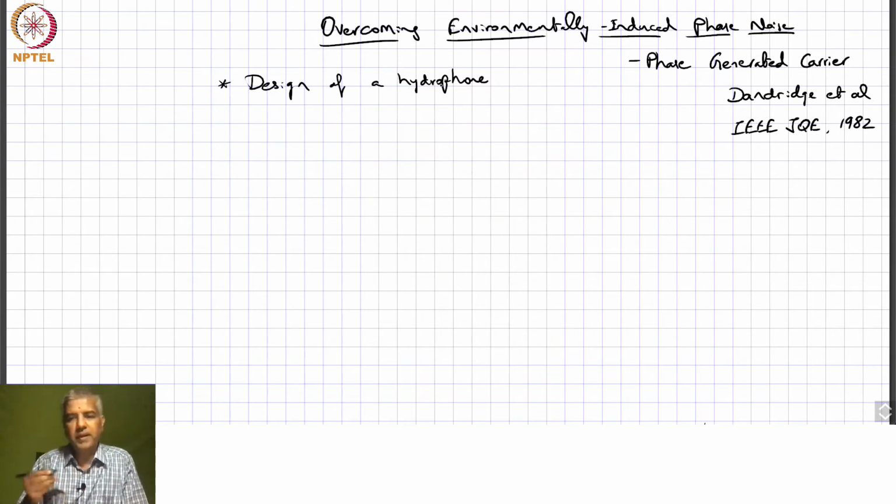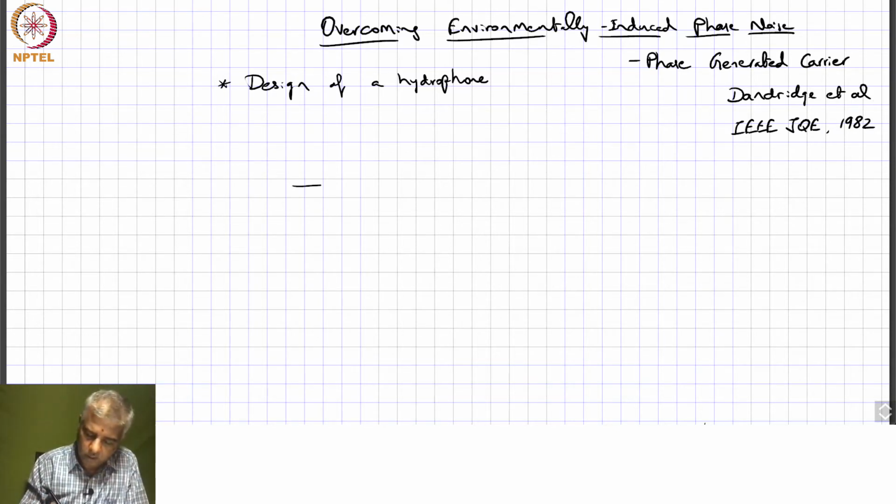A phase modulated sensor is actually very nice for such an application, because you could use what is called a Mach-Zehnder interferometer configuration. If you remember, in the last few lectures we've been looking at a Michelson interferometer, but in this case let's consider a Mach-Zehnder interferometer. How does a Mach-Zehnder interferometer look?